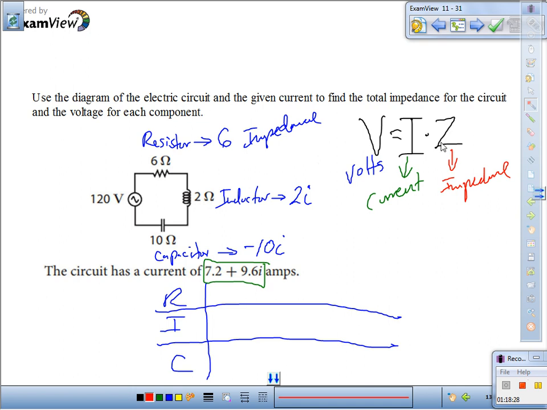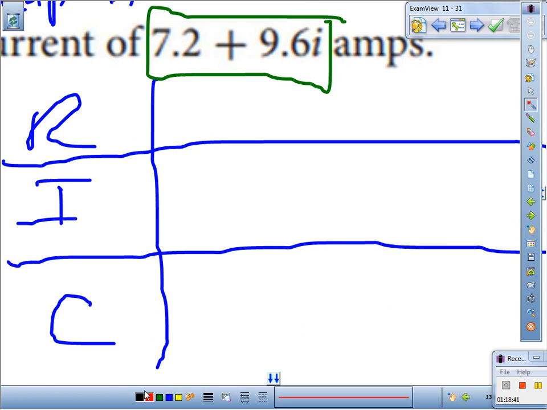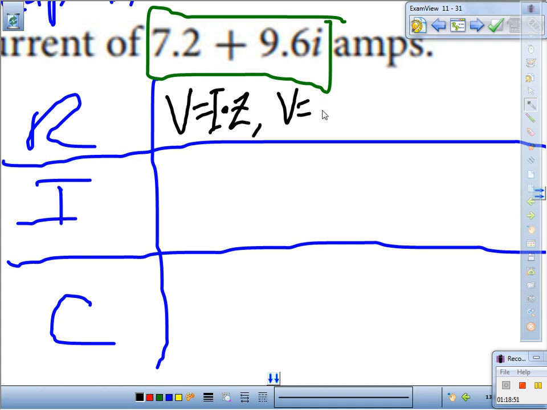So what do we do for each one? We're going to write that formula and just substitute values. Let me zoom in. So I write V equals I times Z, my bad. V equals, what is the current? I, 7.2 plus 9.6i, times, what is the impedance for the resistor? 6, that is correct.